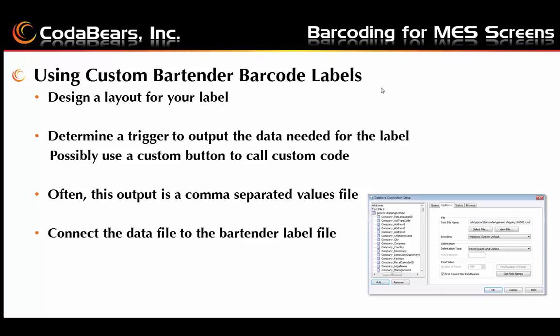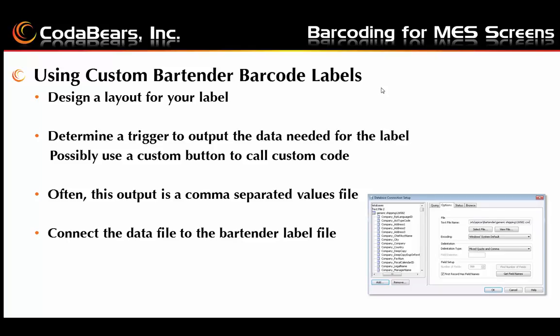You'll possibly use a custom button to call custom code, and very often this output from Epicor is a comma separated values file. Again, here we show just a screenshot of an example to connect the data file to the Bartender label file.